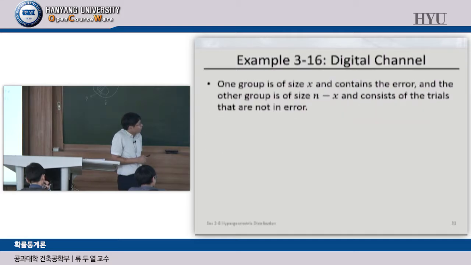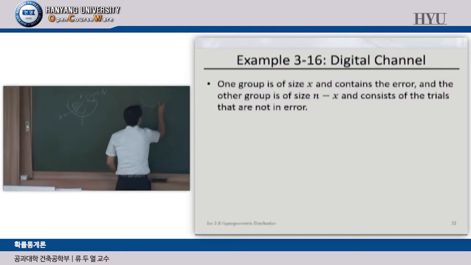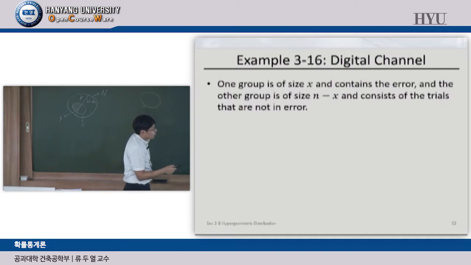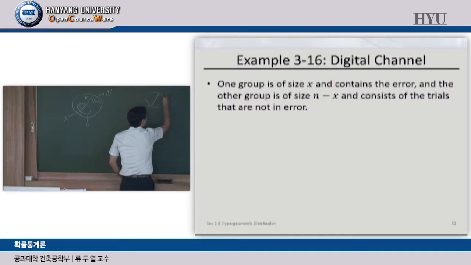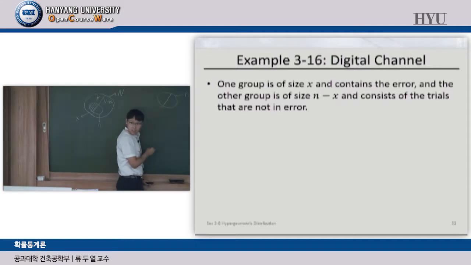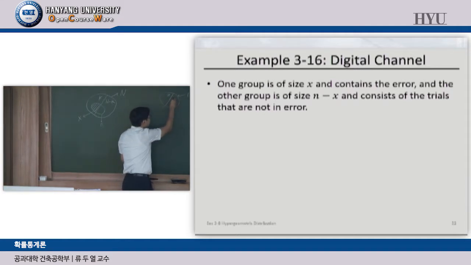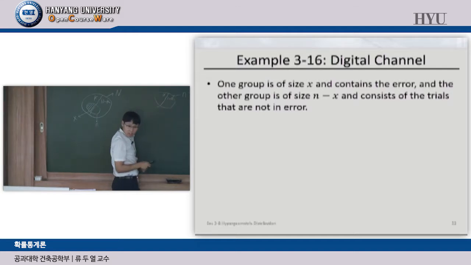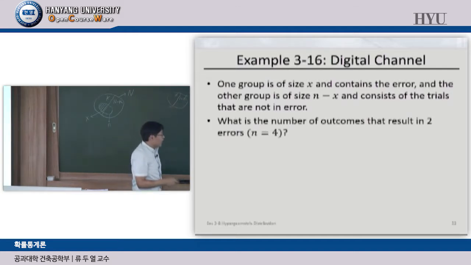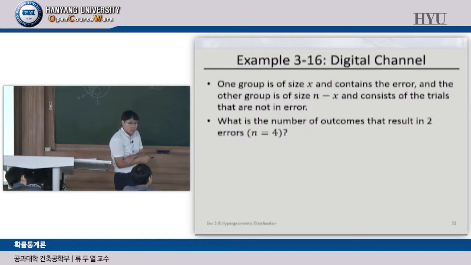So in this case, one group is of size X and contains the errors. And the other group is of size n minus X and consists of the trials that are not in error. So this is the small n, right? And this is the X, and this is the n minus X, right?